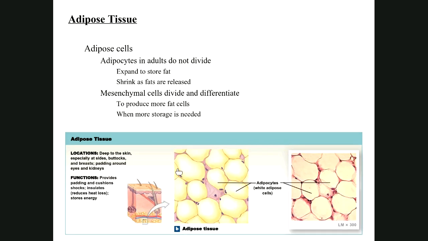Adipose tissue, fat, you can find it everywhere. In fact, under the skin, under the dermis, is a layer known as the hypodermis. It's also known as subcutaneous. Sometimes if you go to a clinic or a hospital where they give you an injection, one type is where they lift up your skin and inject underneath. We call that sub-Q for subcutaneous.